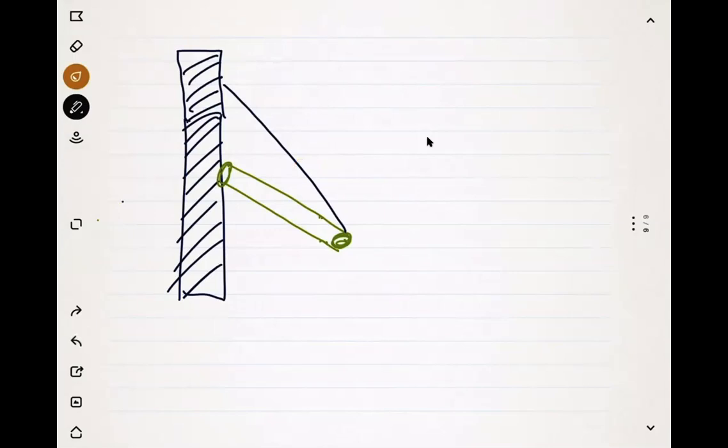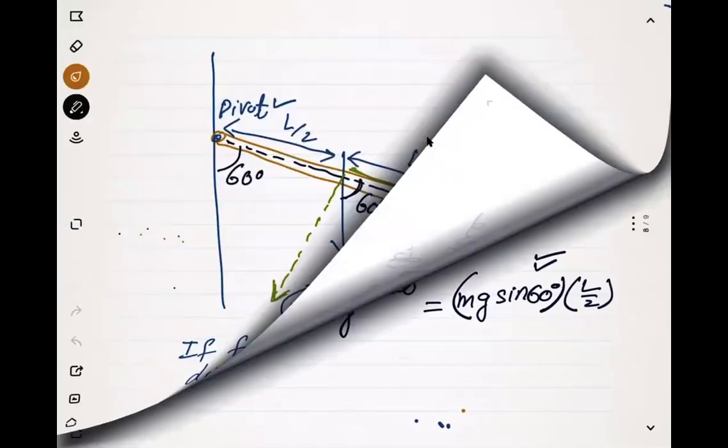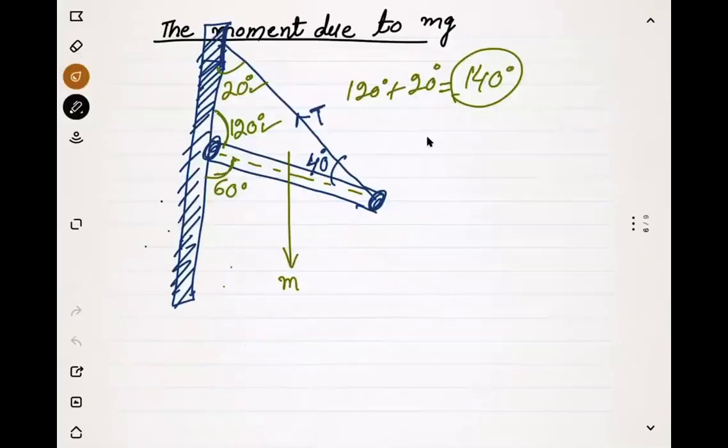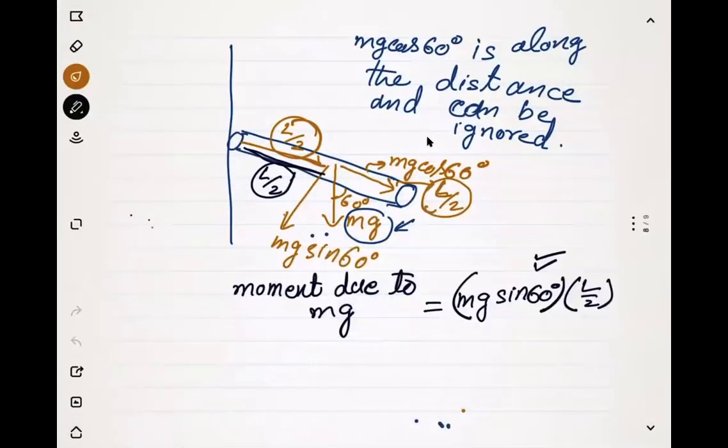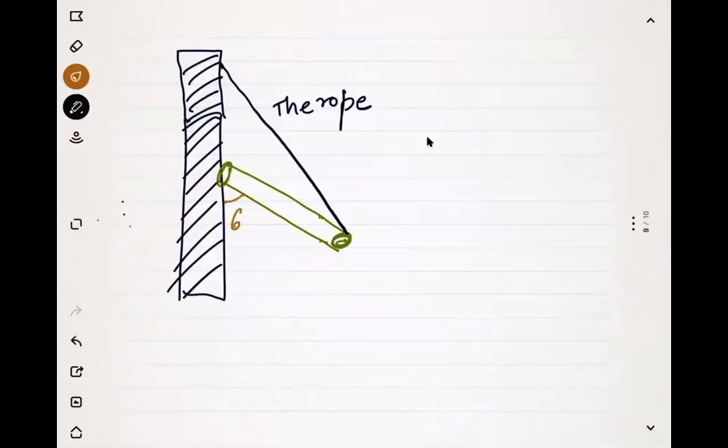So for example, this is the rope, and the angles which were given initially in this question were 60 degrees and 20 degrees.